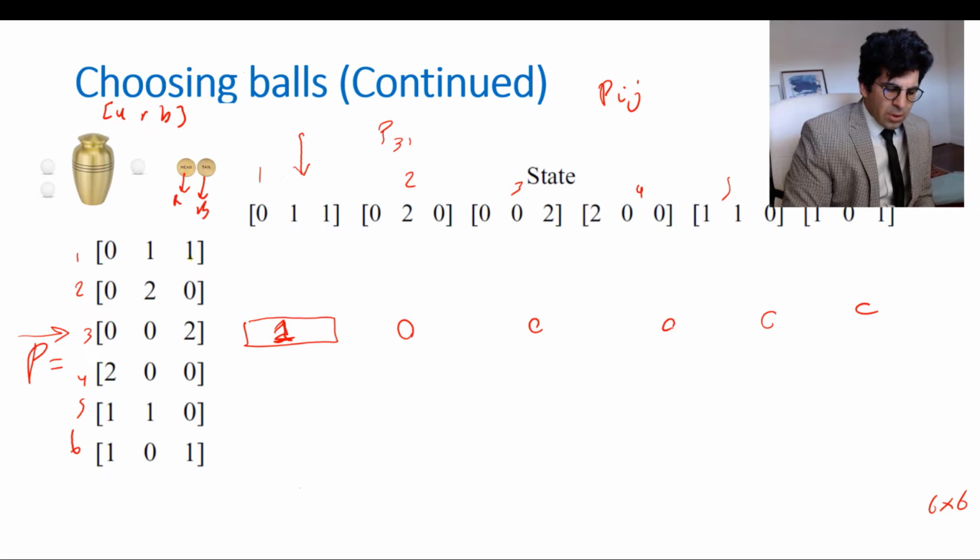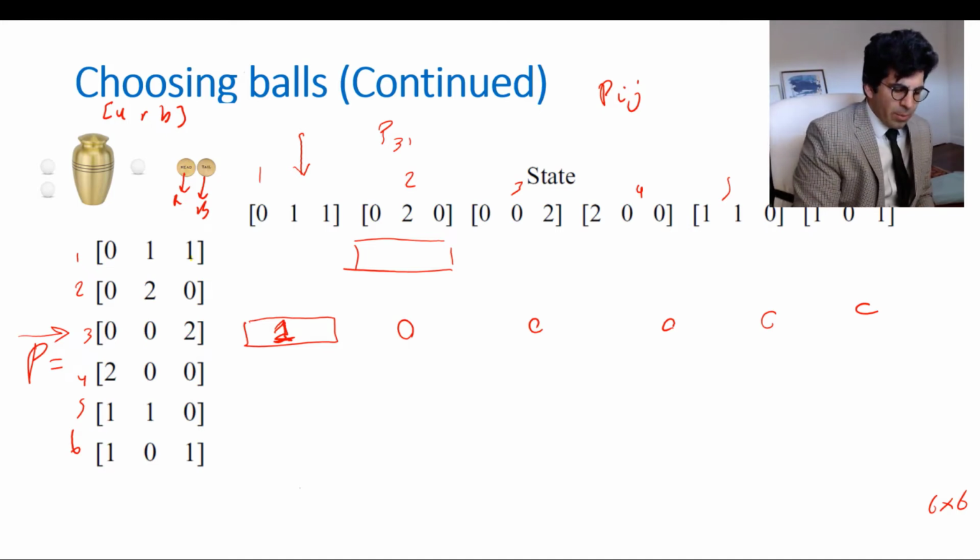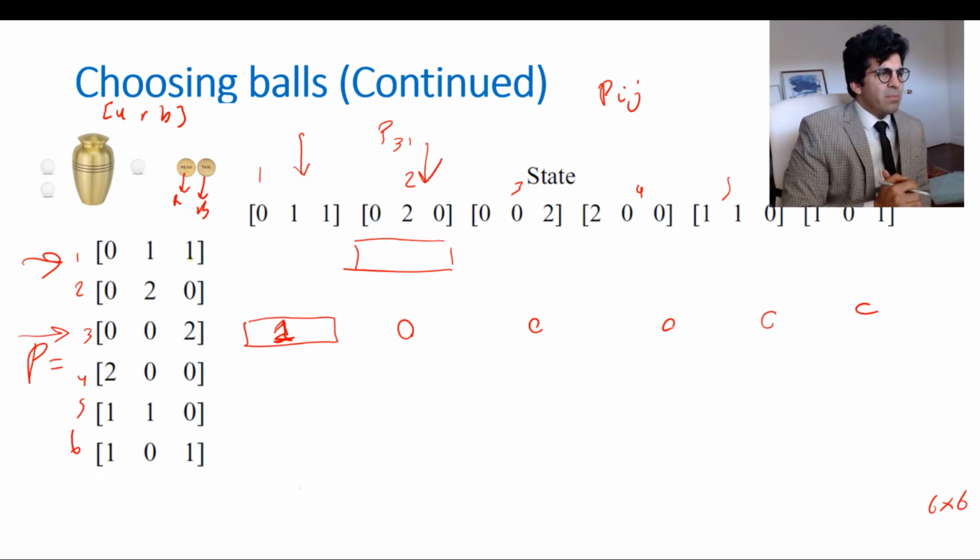Let's find out the probability of, let's say, this one. 1, 1 to 2, 0. So what it means, if I'm here, what's the probability that I end up here? So what does 0, 1, 1 mean? It means in the jar I have 1 red, 1 blue. Okay, so I take one randomly. There's a 50% chance it's going to be red, 50% chance it's going to be blue. And then where I'm going is both red.